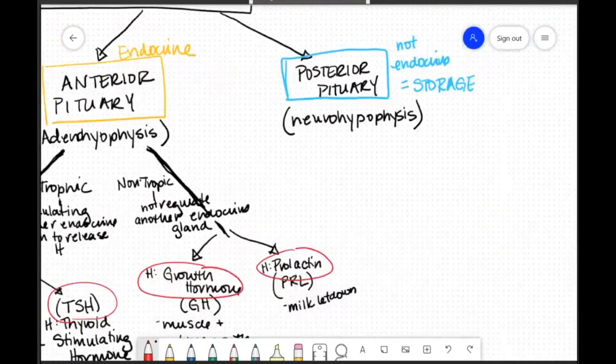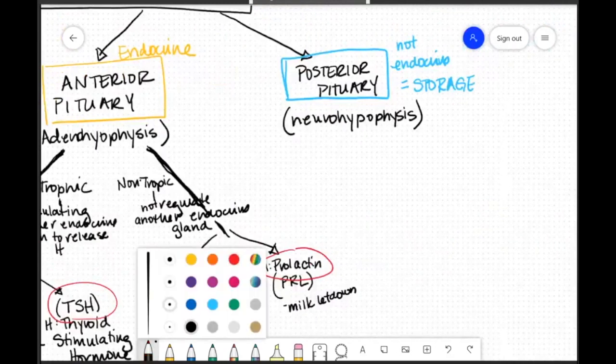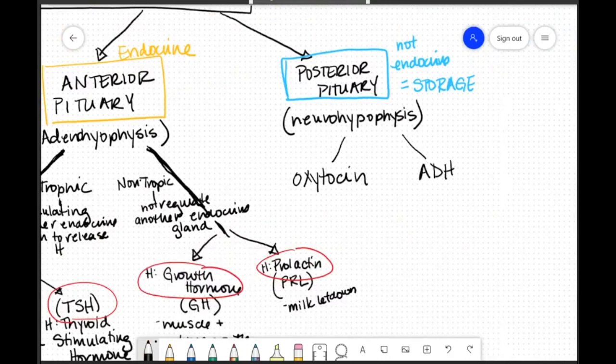Just to wrap up the last section, over at the posterior pituitary, these are not produced, these are just stored. The two hormones that are stored by the posterior pituitary are oxytocin and ADH.